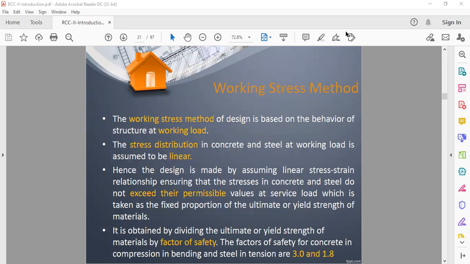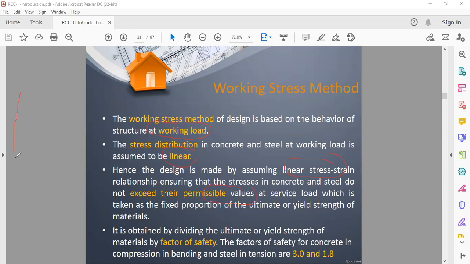So when we say working stress method of design, it is basically based on the behavior of the structure at working load, while the stress distribution in the concrete and steel at working load is assumed to be linear. The design is made by assuming a linear stress-strain relationship, ensuring that the stresses in the concrete and steel do not exceed their permissible values.